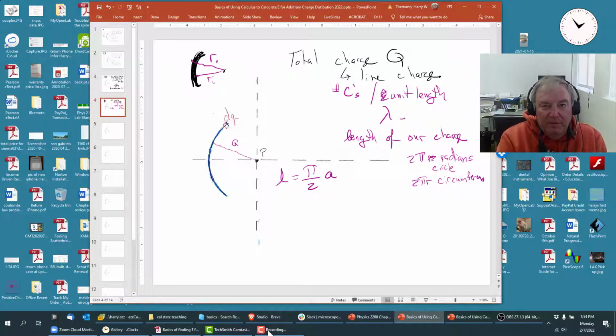Oh yeah, lambda is defined by total charge over length. I forgot to write that.